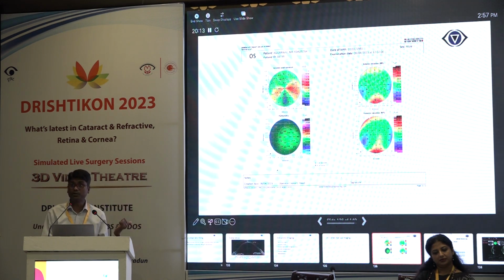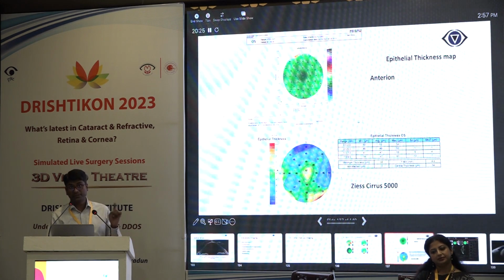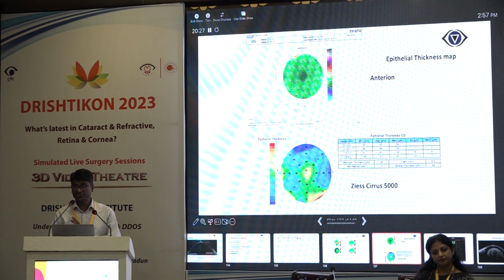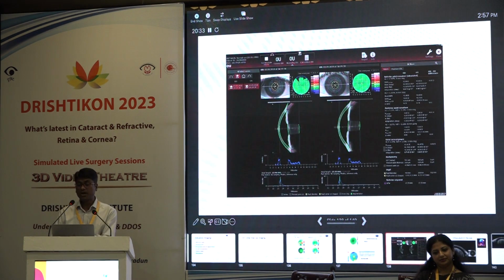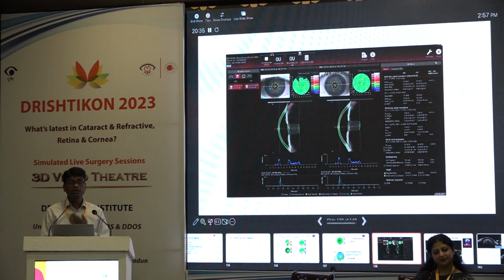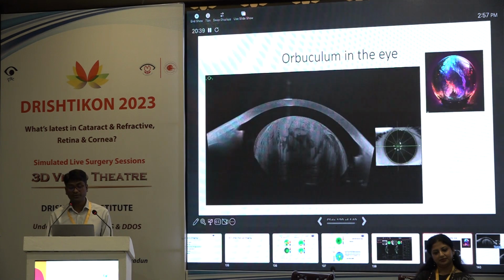And this thickness map also is much more reliable than your Pentacam. Specifically, suppose you have a patient status post CXL, status post PRK, those kind of things, this thickness map is very good. Even the epithelial thickness map is extremely good, and it's far more predictable and far more repeatable than what we see in our OCT. And you have an eye tracker also, you can do IOL biometry also, and biometry also is very, very good.